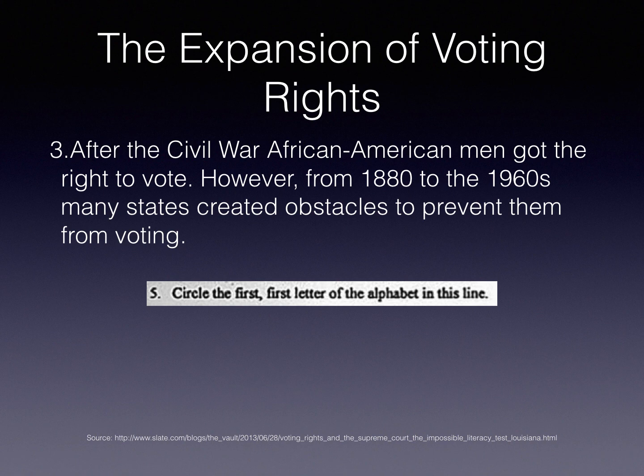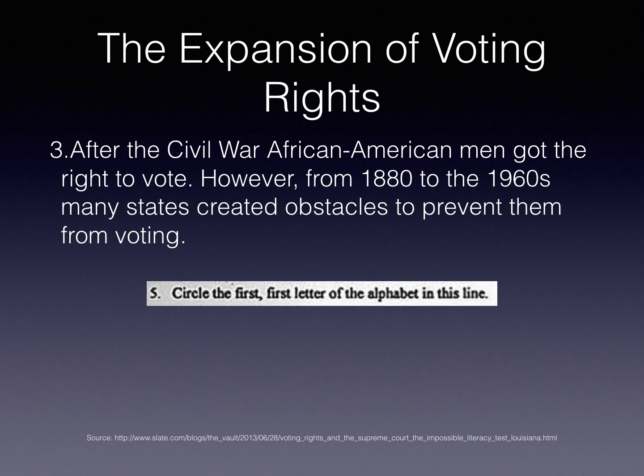Circle the first letter of the alphabet in this line. I'm a reasonably educated person, and I'm not sure which letter I'm supposed to circle. The first letter, does that mean the first A, because A is the first letter of the alphabet? Or does it mean the C in circle?